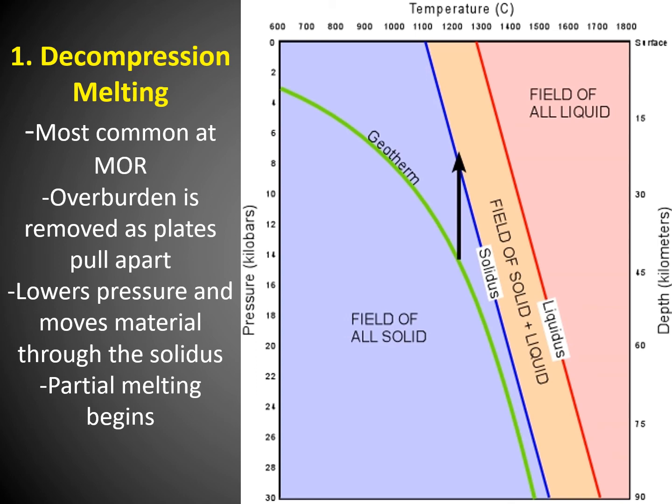So this is really good in extensional areas like mid-ocean ridges, basin and range, or where you have mass erosion either over a long time scale or short time scale, or perhaps even loss of ice. Although I don't know of a volcano that we can say is due to ice erosion.